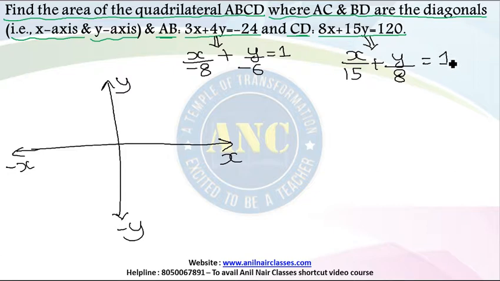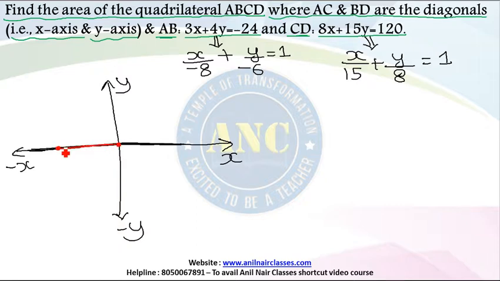Now I have 4 lines with me. One of the diagonals is AC. AC is nothing but my x-axis. Let me draw the lines initially, then come to the diagonals so that it will be easier for you to understand. If I take the third line, x by minus 8, that means the x-intercept is 8 units toward the negative x-axis. From the origin I am traveling 8 units along the negative x-axis.